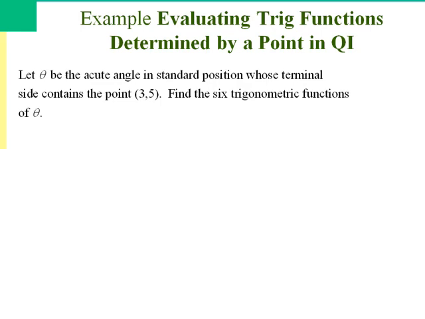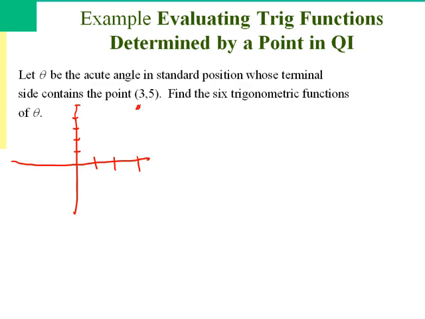So if we think about this on a coordinate plane, our x value is 3 and my y value is 5. Okay, that's somewhere out here. So there's a point 3, 5.